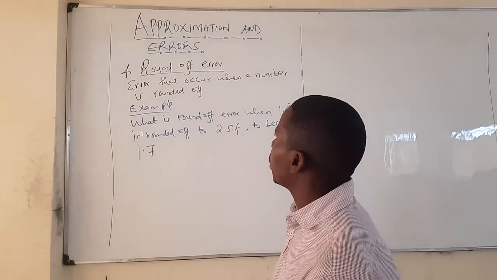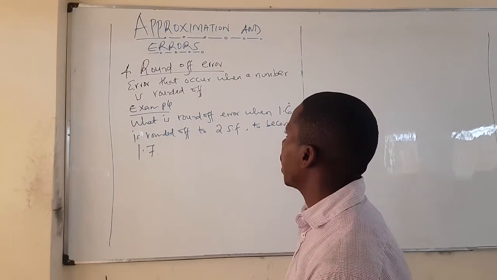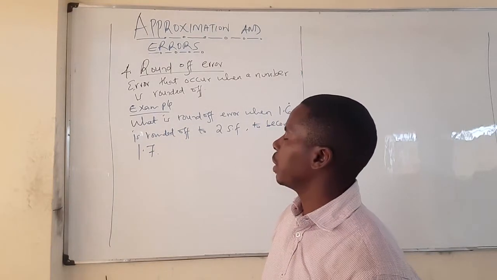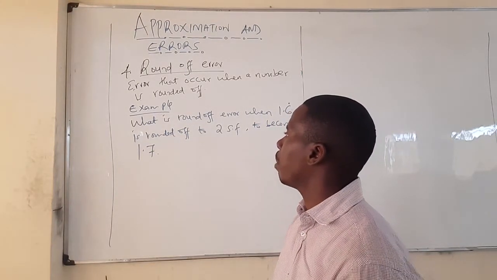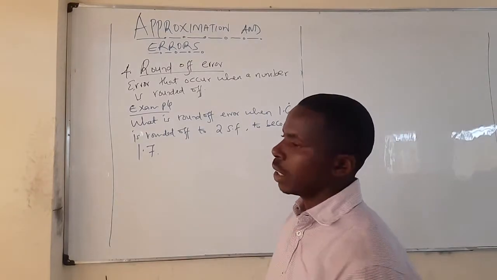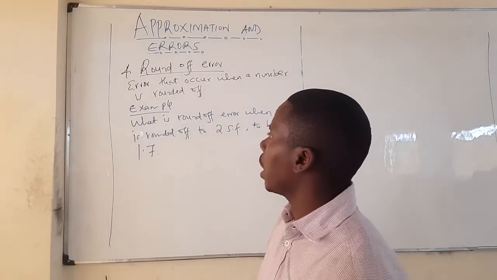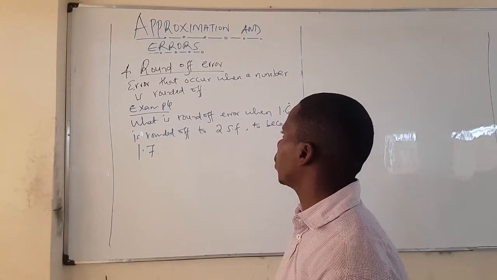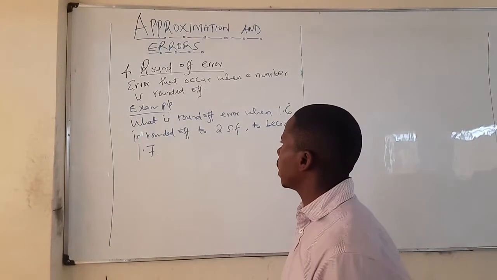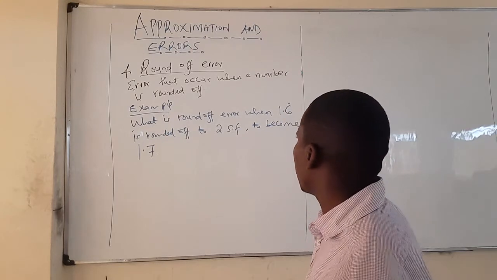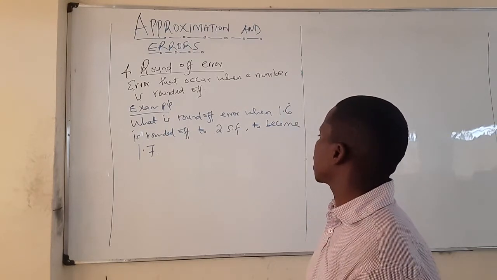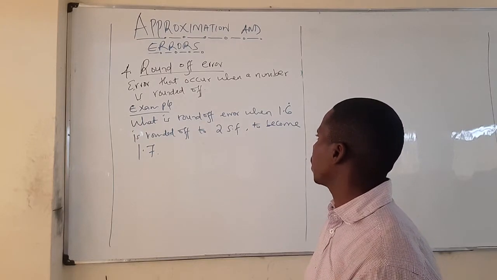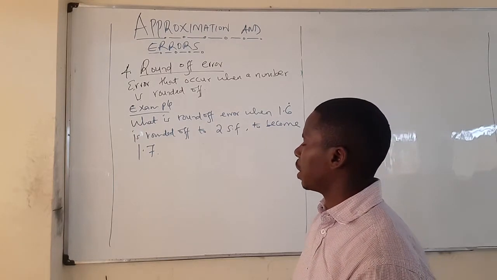When we talk about the round off error, we're saying this is the error that occurs when a number is rounded off. So when you are in the process of rounding off a number, you're going to incur an error which is referred to as the round off error. Let's see an example here. What is the round off error when 1.6 recurring is rounded off to two significant figures to become 1.7?